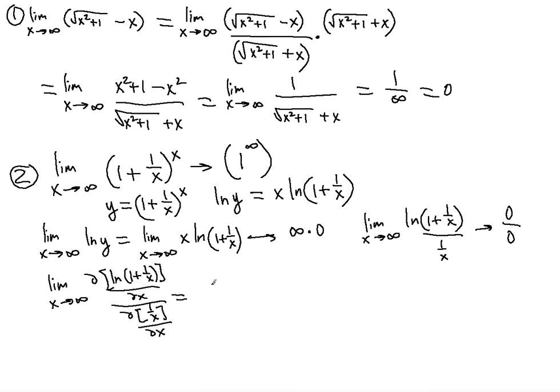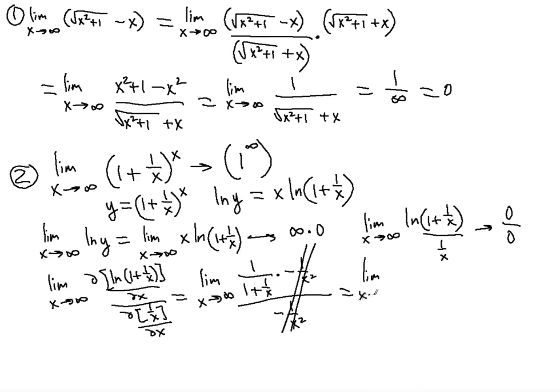So that's going to give us the derivative of the ln first using the chain rule, right? So 1 over 1 plus 1 over x times the derivative of the inside. That's 0 plus the derivative of 1 over x, which is negative 1 over x squared. And this whole thing is divided by the derivative of the denominator, which is negative 1 over x squared. And guess what happens? These two cancel out, right?